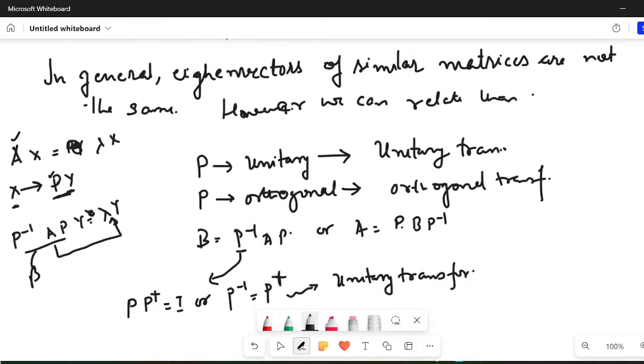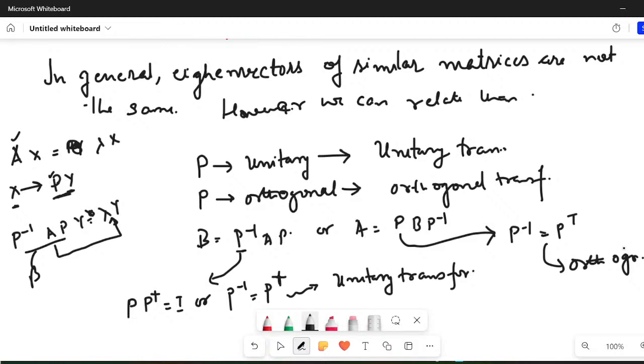If this happens to be orthogonal, that is if P inverse is equal to P transpose, then I can say that this particular transformation is called the orthogonal transformation.